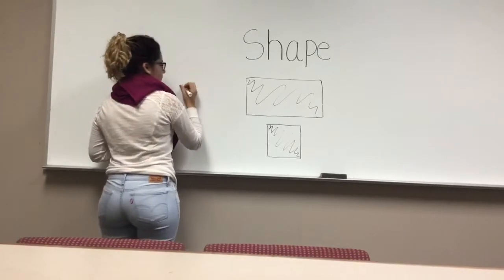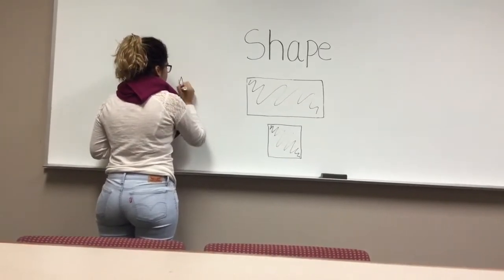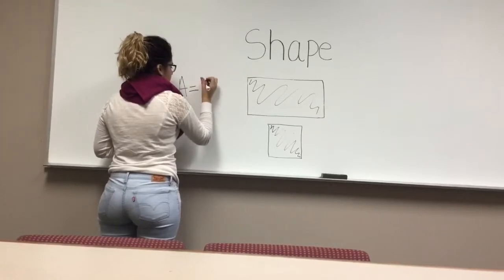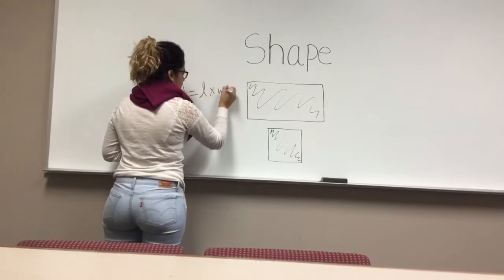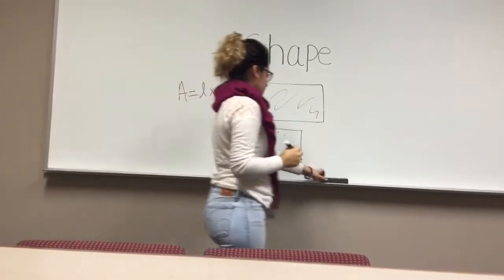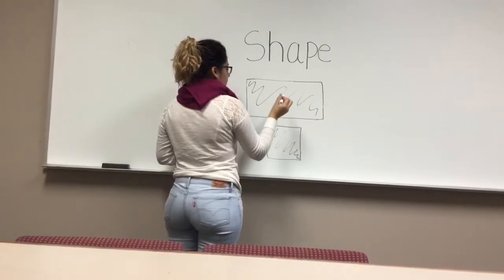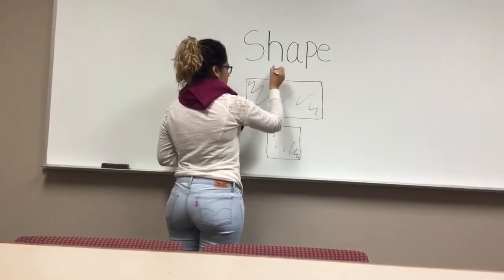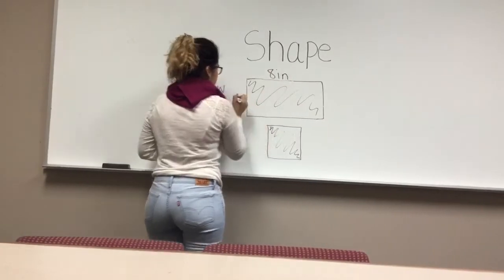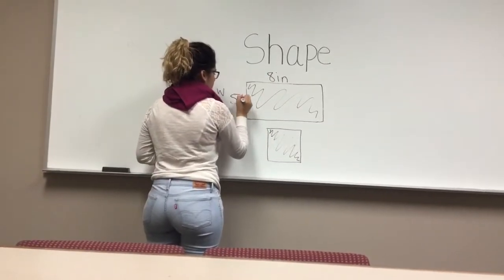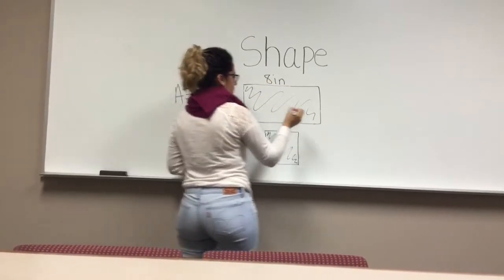So the formula for a rectangle would be A equals length times width. The length would be 8 inches and the width will be 5 inches. Whatever we do to one side, we're going to do to the other.